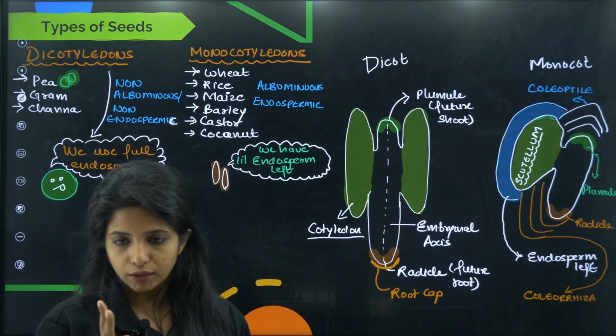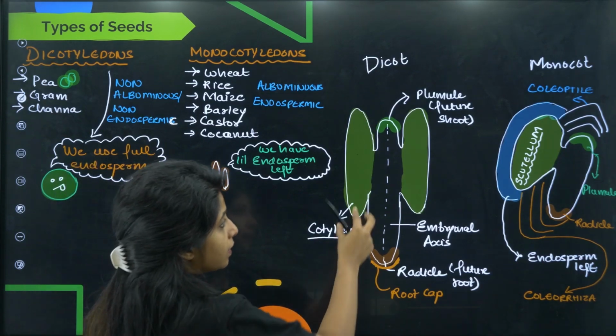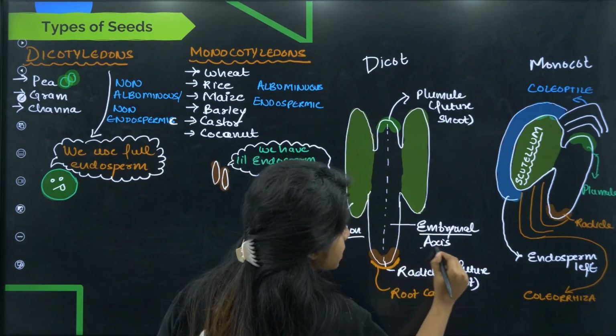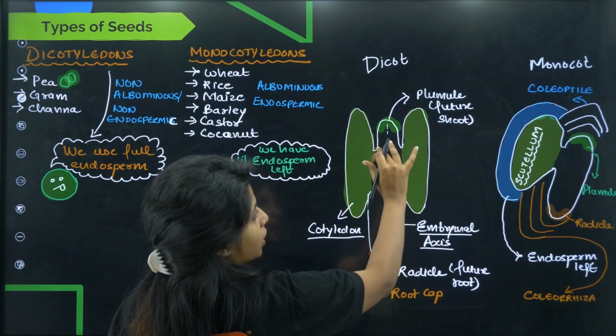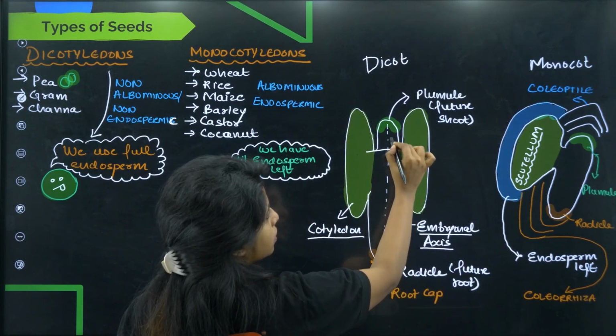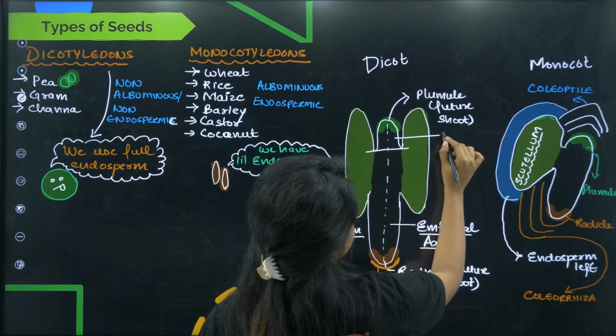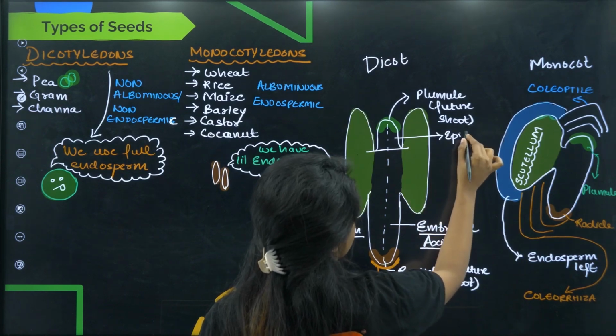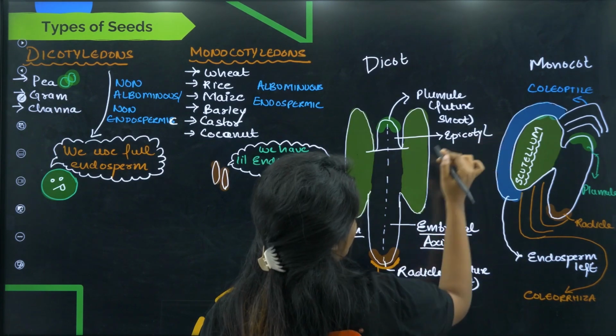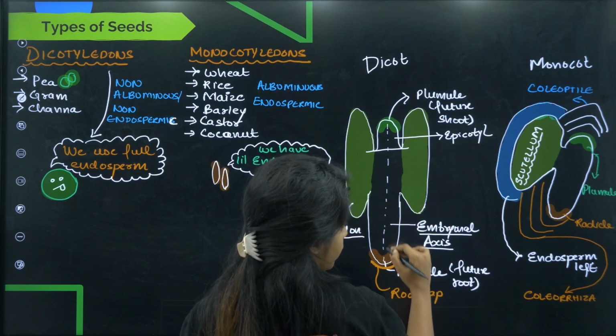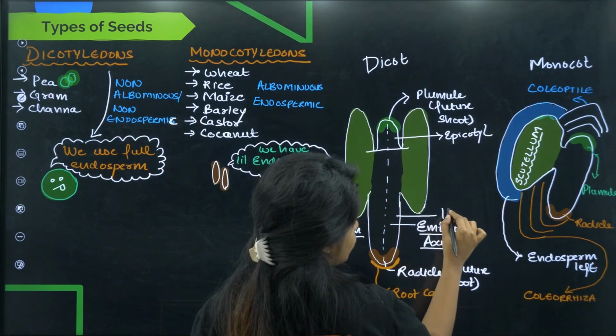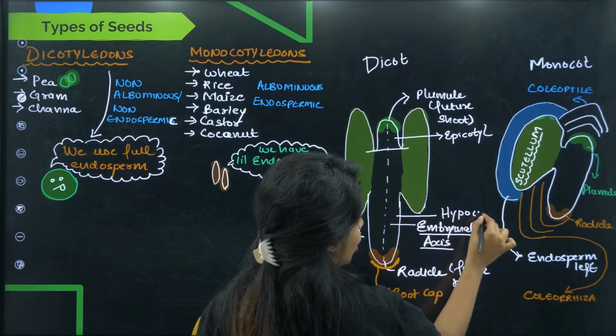Now they have two cotyledons. Inside that they will be having an embryonal axis like this. The upper part which is above the layer of cotyledons, you call it epicotyl, and this lower area which is below the cotyledons, you call it hypocotyl.